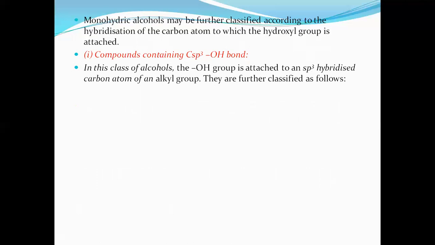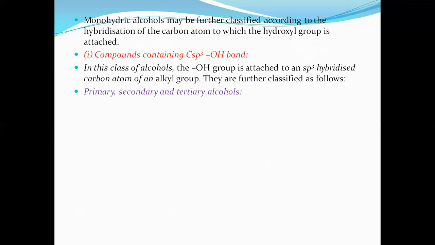That is clearly said: to which hybridized carbon atom the OH group is attached. Here in this classification, we are going to study the OH group attached to an sp3 hybrid carbon atom. This is further classified into primary, secondary, and tertiary alcohols.